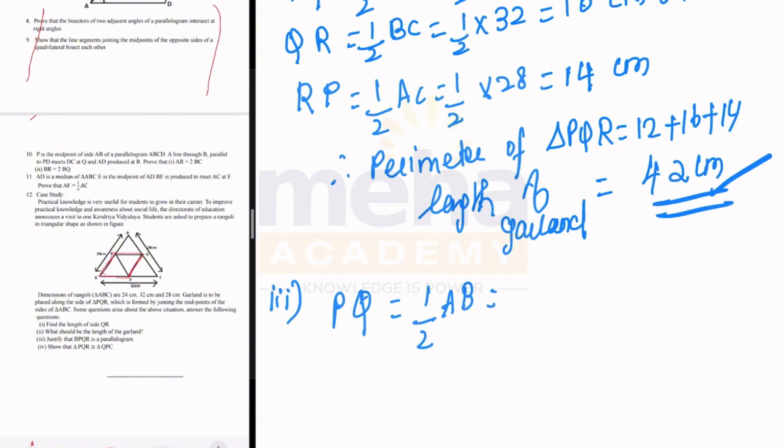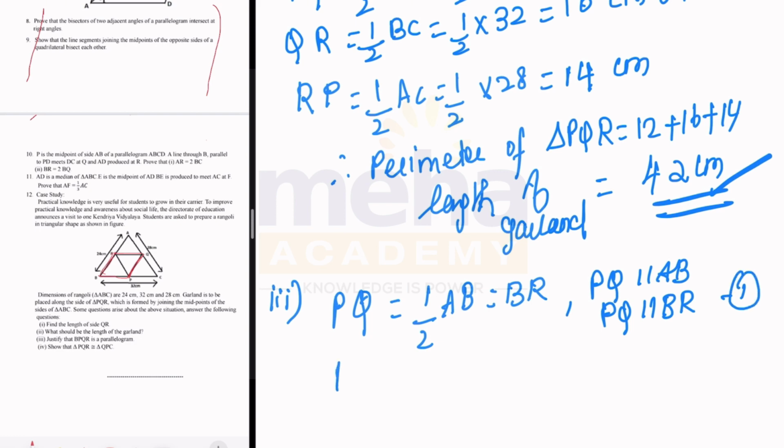We also know that P is the midpoint. So instead of half of AB, I can say BR. Then we also know that PQ is parallel to AB. Then I can say PQ is parallel to BR also. Keep it as point number 1.